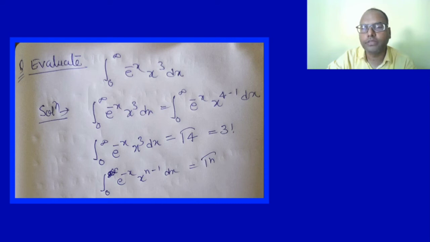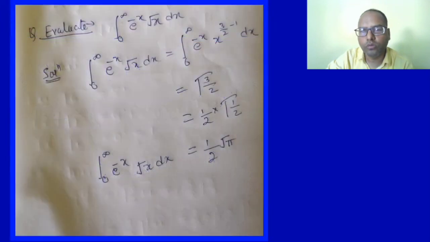Now compare this with the definition of the gamma function, which is the integral from 0 to infinity of e to the power minus x, x to the power n minus 1 dx. Here n is 4, so the integral is equal to gamma 4, or you can write this as factorial 3, and that is 6. So the value of this integral is 6.